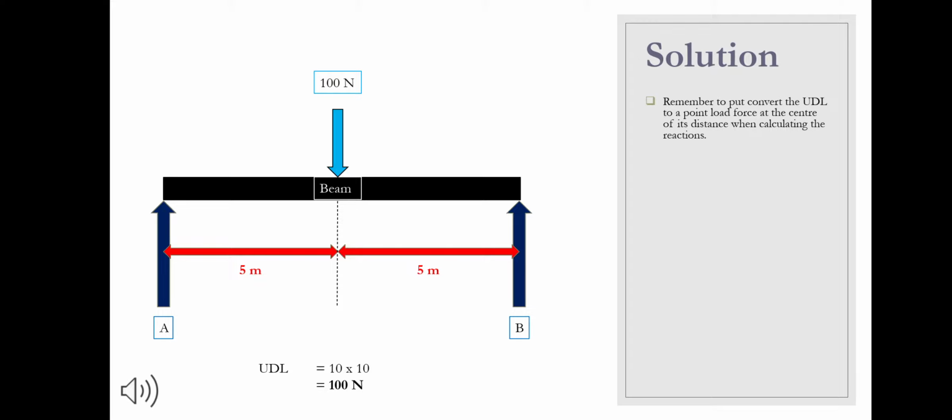Let us start by converting the UDL to a point load by multiplying its given value by its total length. Then, let us place it at its center of distance by dividing its length by 2. Now we can see that we have a point load which is 100 newtons, 5 meters from the left-hand side and 5 meters from the right-hand side.